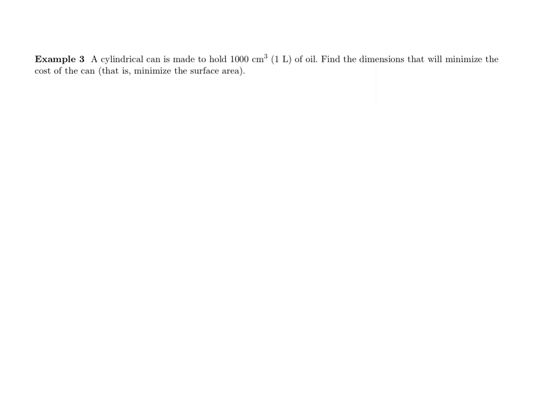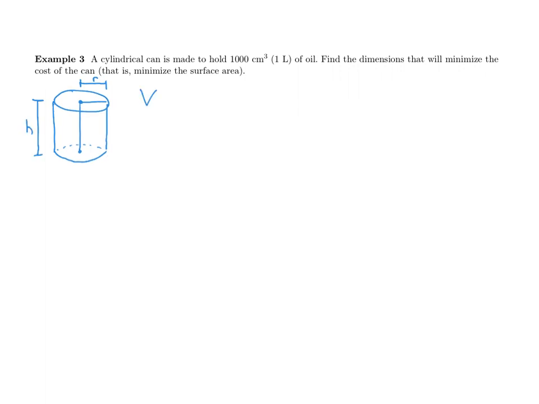I'm going to start by drawing a picture. So here we have a cylindrical can, and we're asked about the dimensions that minimize the cost of this can. Well, the dimensions that determine the volume and surface area are this, which is the radius, and then this, which is the height.